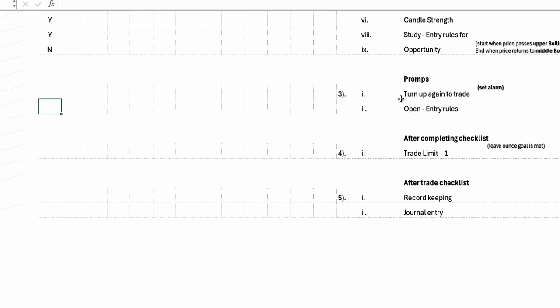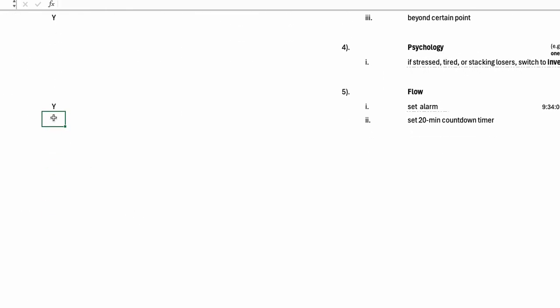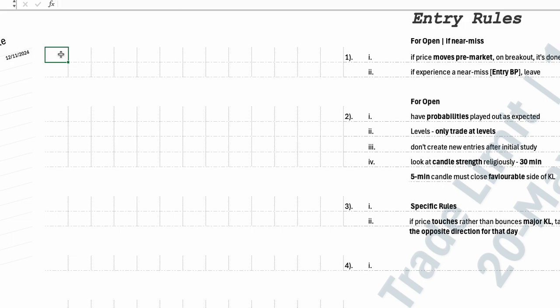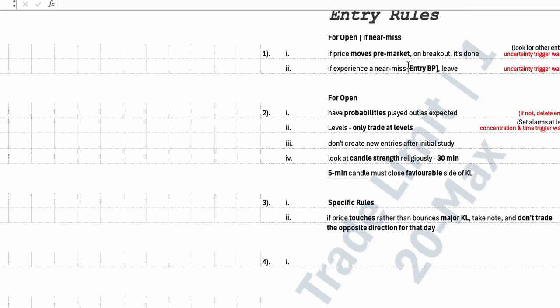So I'll open the entry rules. I don't know if I'll come back to mark that one off. I hope I do. Maybe I meant get it ready, so get the alarm ready. Okay. So the entry rules. Price moves pre-market on breakout. It's done, but we haven't got a breakout, like a break of the high or break of the low game plan.